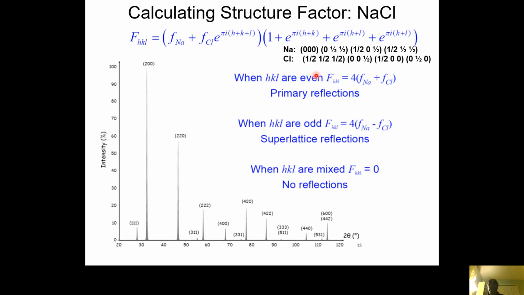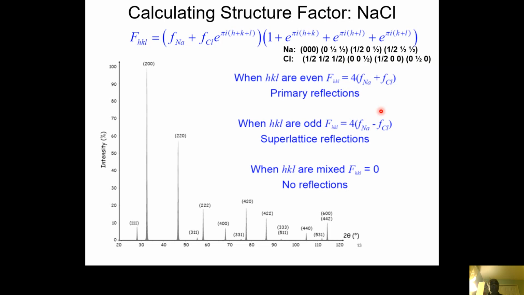So now you can see, if HKL are all even, this F_HKL becomes 4 times (F_Na plus F_Cl). This is never 0, right? This is positive. So that's where you get the primary reflections. But when HKL are all odd, you get F_HKL as 4 times (F_Na minus F_Cl). Remember, these two numbers are different.